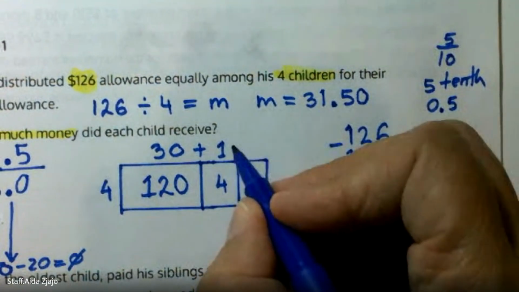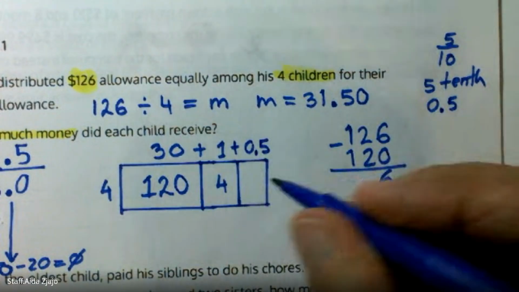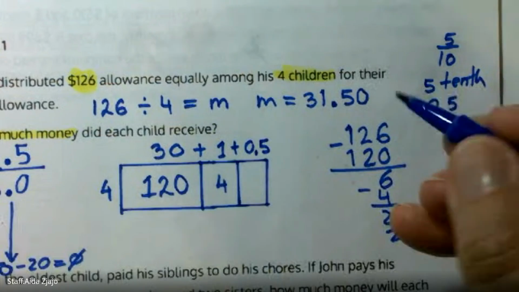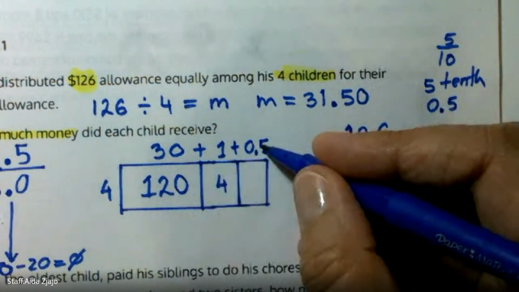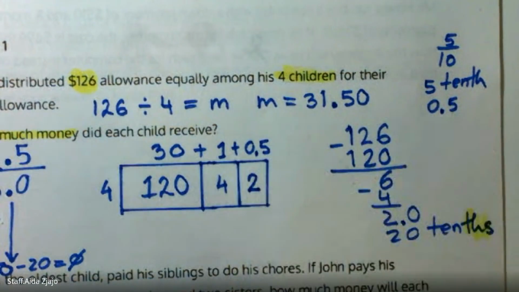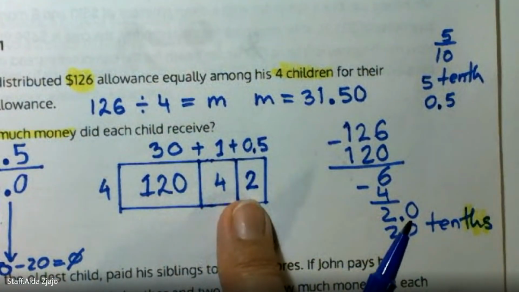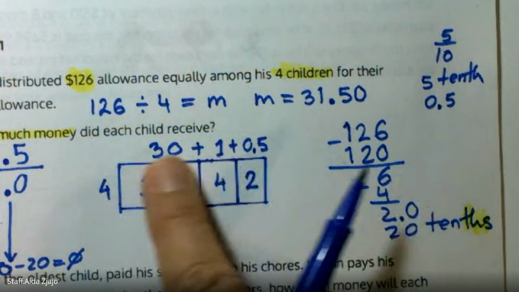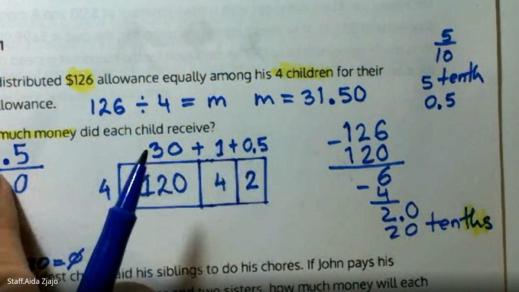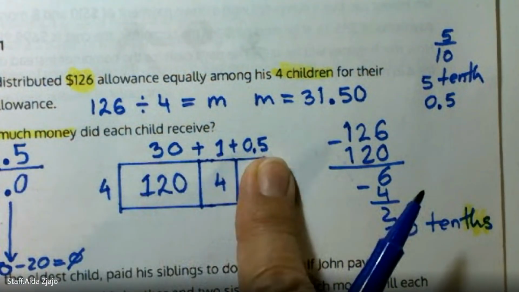So each will get half a dollar more. Now you can see that 4 times half a dollar is $2, and I shared all that $126 equally, and that is the answer, 31.5, 31 and a half dollars.